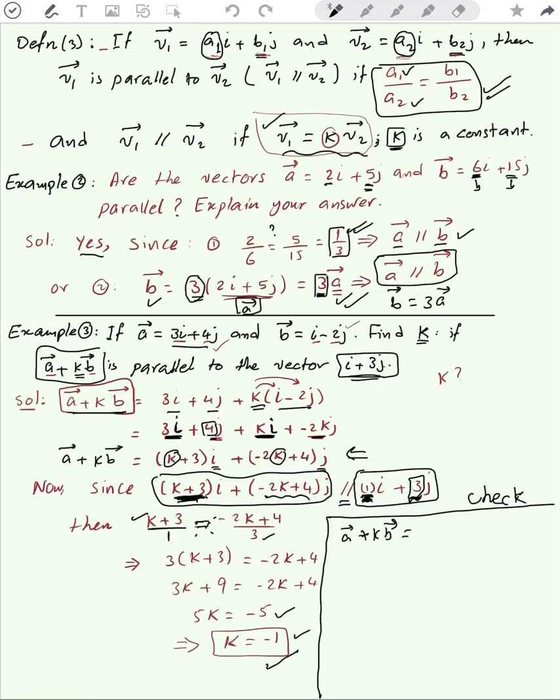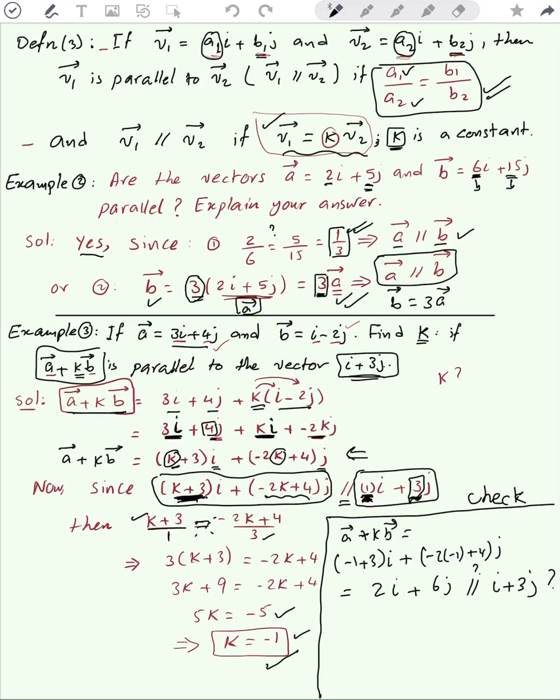Just substitute or replace k in this by the value, equals minus 1 plus 3 i plus negative 2 times minus 1 plus 4 j, which is 2i plus 6j. When I replace k by its value, we'll get this. Is this vector parallel to i plus 3j? Yes, it is.